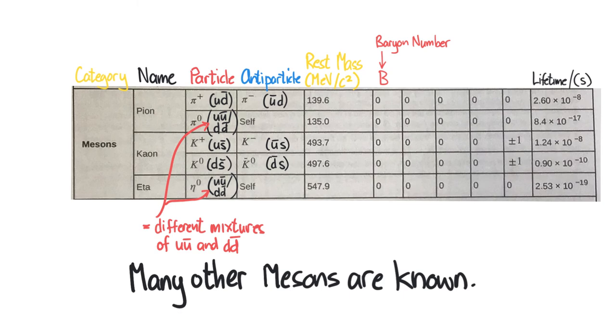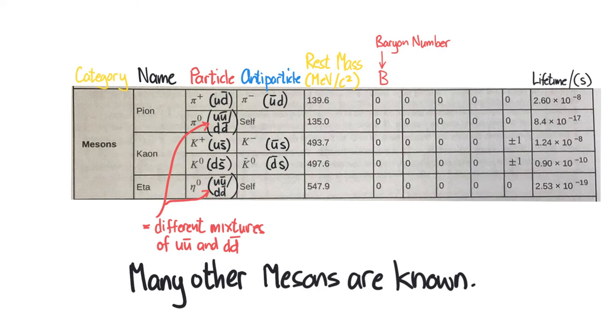Now when we look at the table here of mesons, we see that we've got pions, kaons, and eta mesons. That's the Greek letter eta, that's the Greek letter kappa, and that's the Greek letter pi. So pions, which are pi mesons, kaons, which are kappa mesons, and eta mesons.